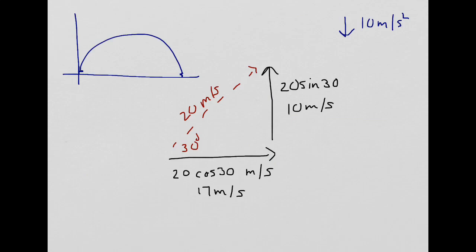Okay, so in terms of vertical displacement, we don't have any. I start here and I end here, so my vertical displacement is actually 0. I'm not any higher or lower than where I originally was. Okay, so if I'm looking for total time in the air, my vertical displacement is 0.